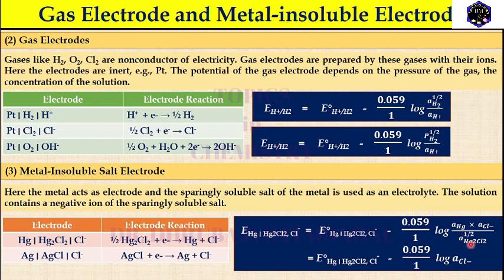Hg is liquid, Hg2Cl2 is solid, that's why the activity is equal to 1. So I can write E0 minus 0.059 log activity of Cl minus. So what can you conclude? You can conclude that the electrode potential of metal insoluble salt electrode depends upon the concentration of the negative ion of the sparingly soluble salt.